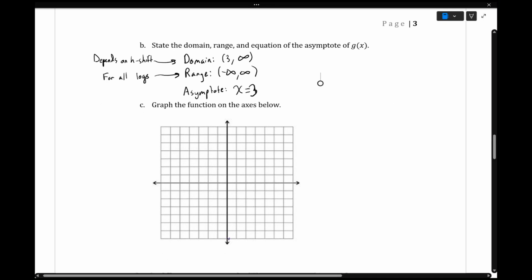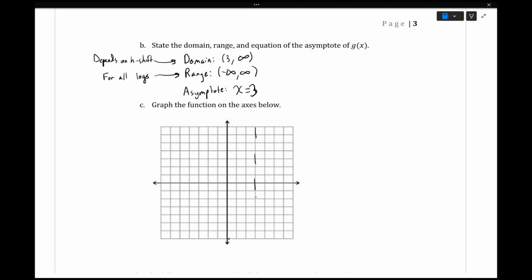All right, now let's move on to graphing. My asymptote's at x equals 3, so I'll put it there. And so now how do I plot g of x? Well, I know the original is log base 3 of x. You don't have to plot the original, but it's helpful. And I'm going to plot it. I know it goes through 1, 0.